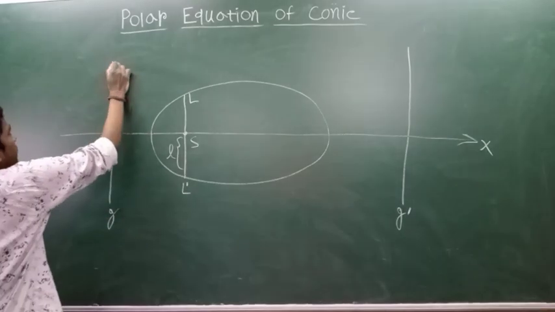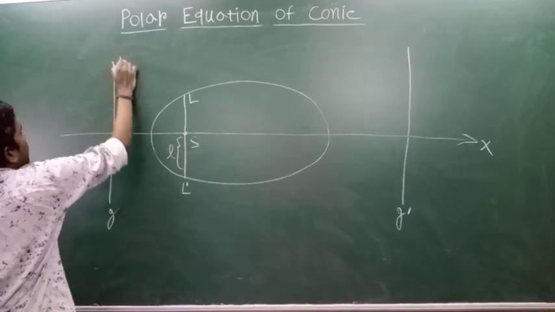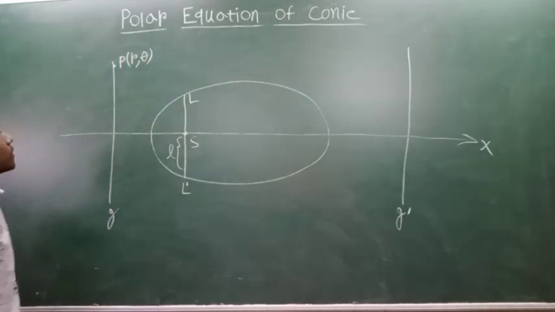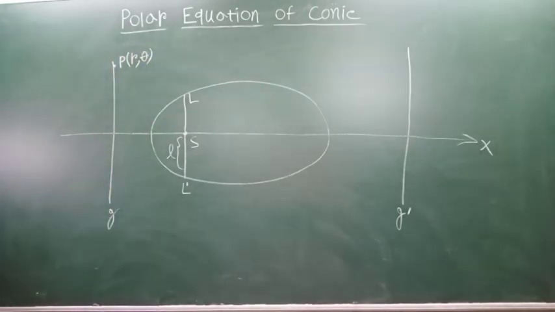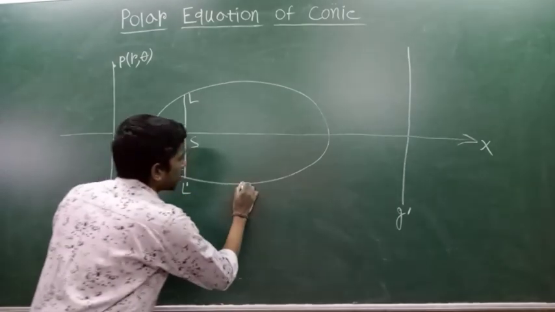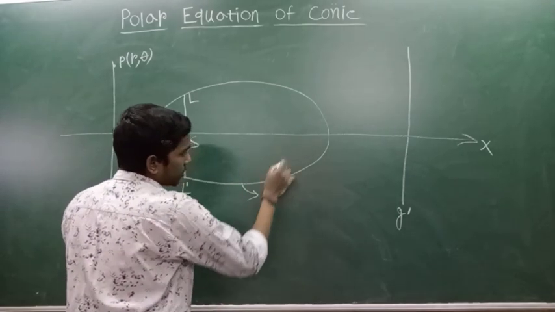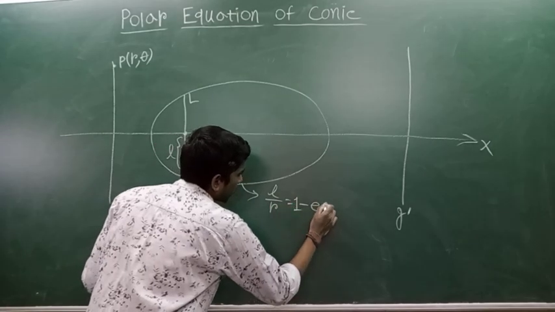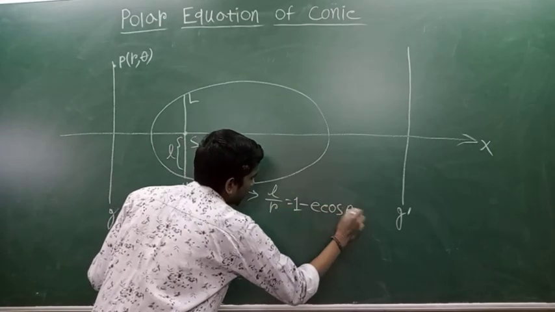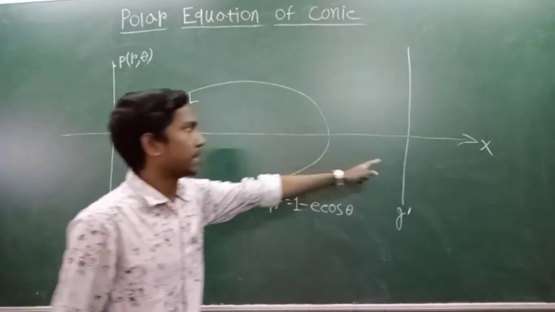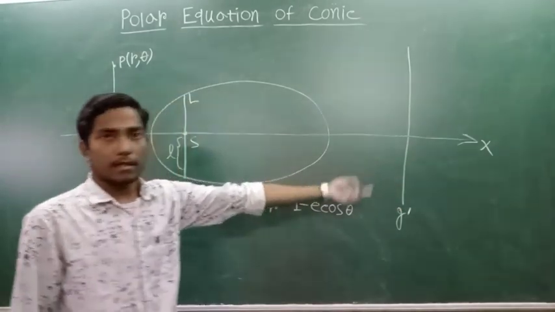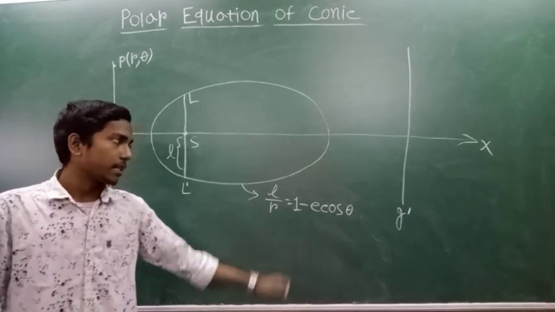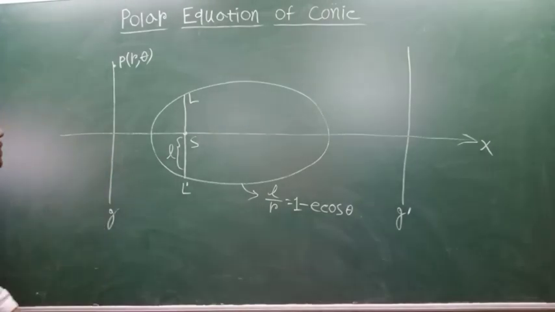So we take a general point P r comma theta on the directrix. Okay, so the equation of this conic is given as L by R is equal to 1 minus E cos theta. Obviously, this is the equation since we have taken the positive direction of initial line in right direction. So the equation is given as L by R is equal to 1 minus E cos theta.